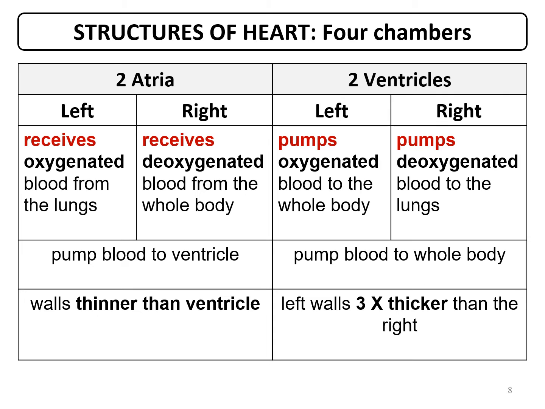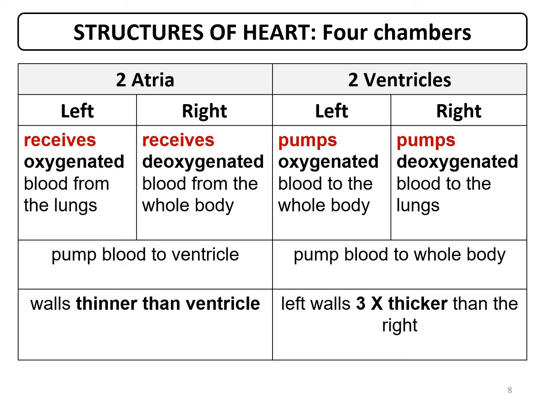The left ventricle receives oxygenated blood from the atrium and pumps it to the whole body, while the right ventricle receives deoxygenated blood from the right atrium and pumps the blood to the lungs.